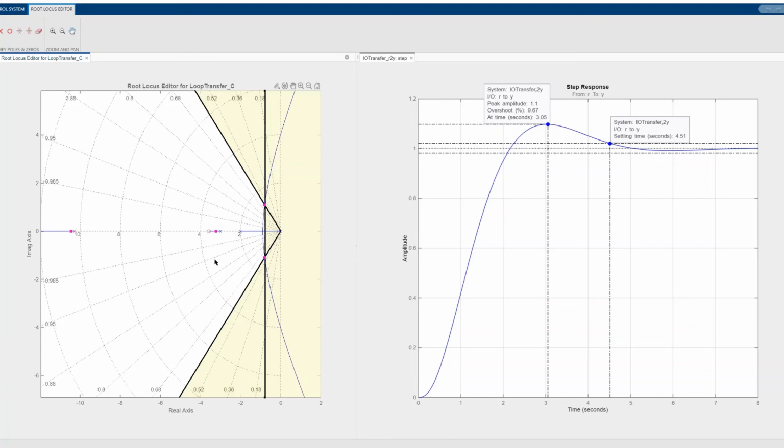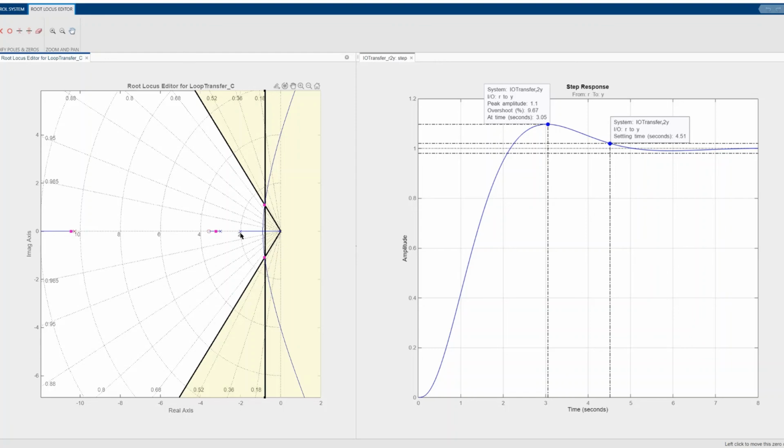If I want to improve this, I can place the poles a little bit to the right side by taking this one, or I can also move this one. It depends what you prefer. This is the 0 of our lead controller. This is the pole of our plant.